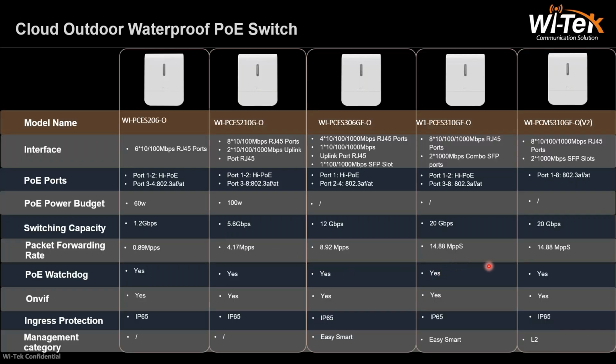Okay, let's quickly review the parameters. The last one is for the layer 2 function, and these 2 are for the easy smart function. If some users need a very complex configuration or a higher switching capacity, and also need the layer 2 function, I recommend using these models.